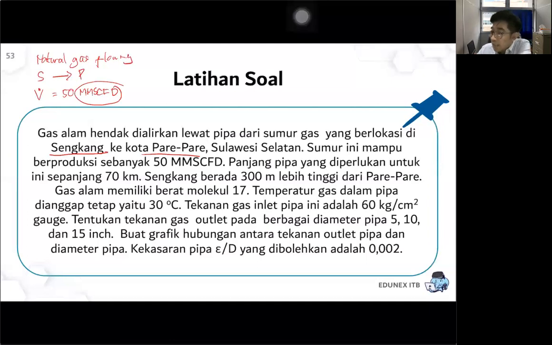Okay, the length of the pipe is 70 kilometers. And then Sengkang is placed 300 meters higher than Parepare. So it means the inlet position will be higher than the outlet position.